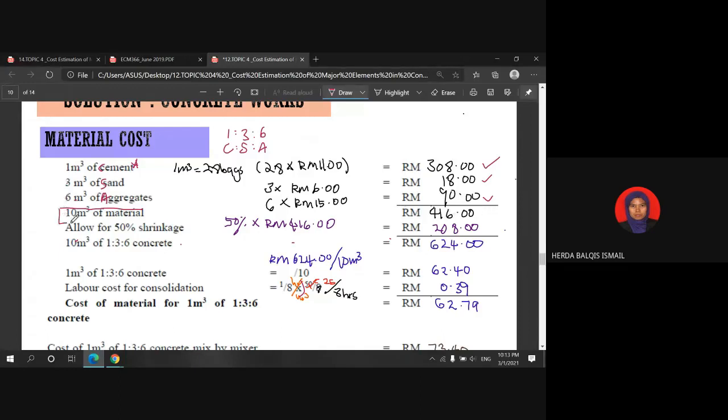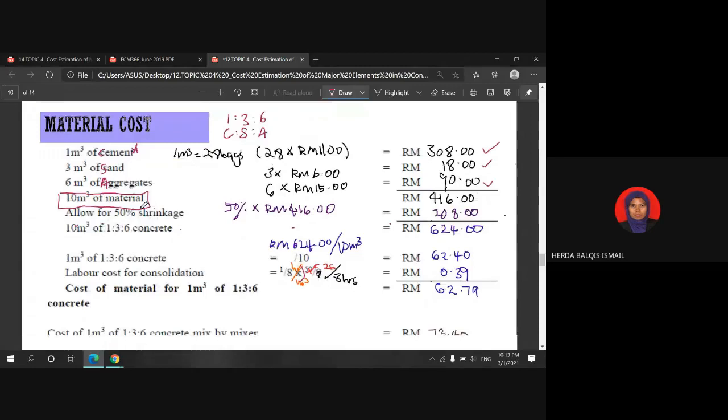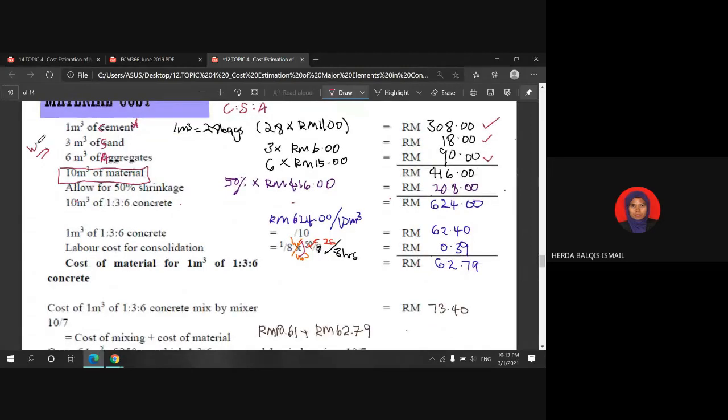However, we need to remember the fresh concrete properties. Once these 3 materials are mixed with water, they will shrink by 50%. Meaning that instead of having 10 cubic meters, by considering the shrinkage, we only get 5 cubic meters.